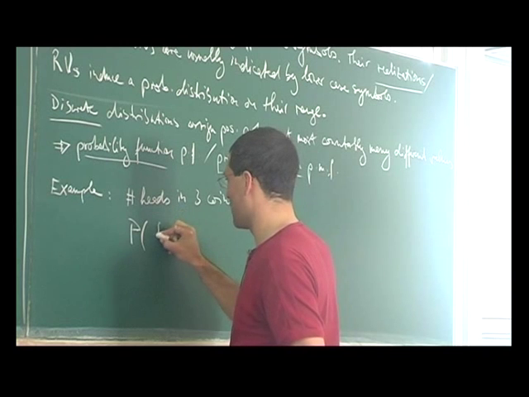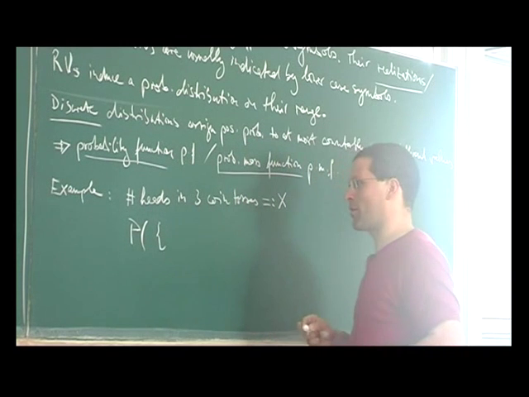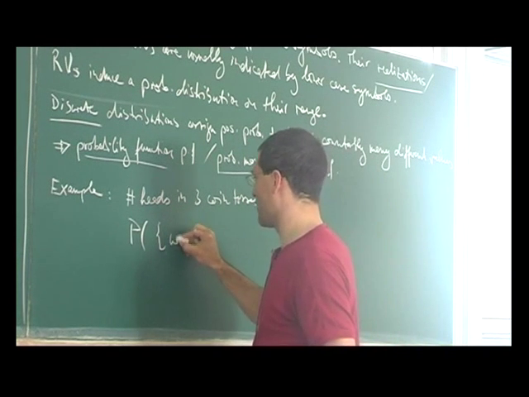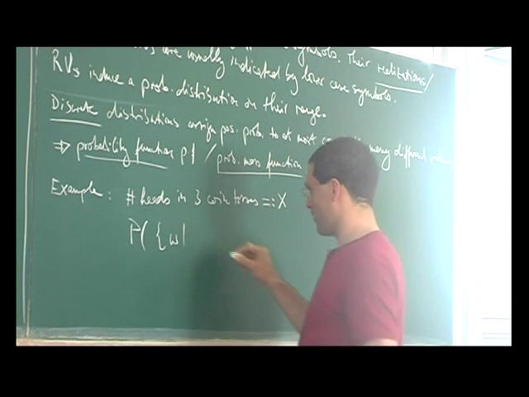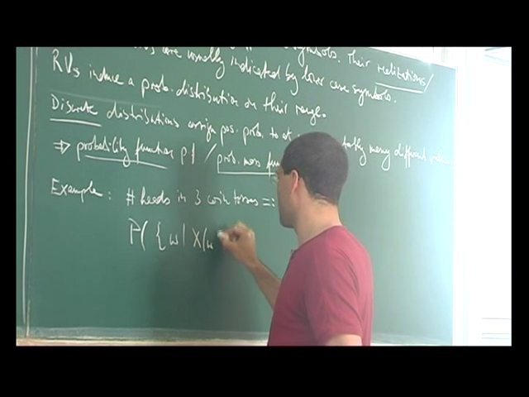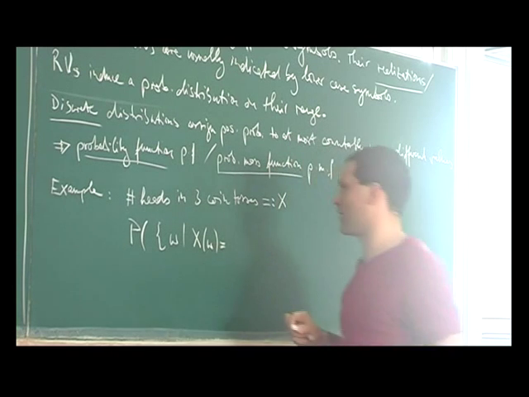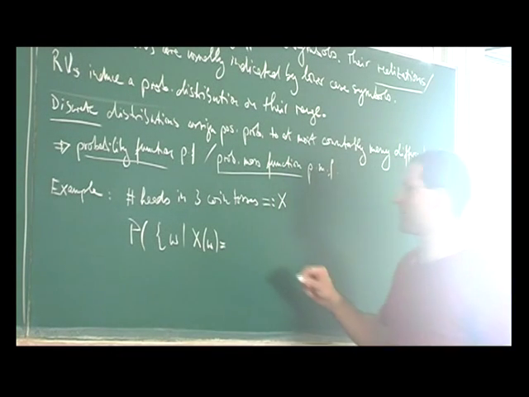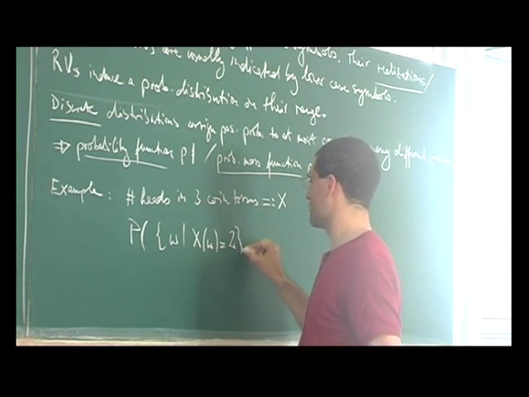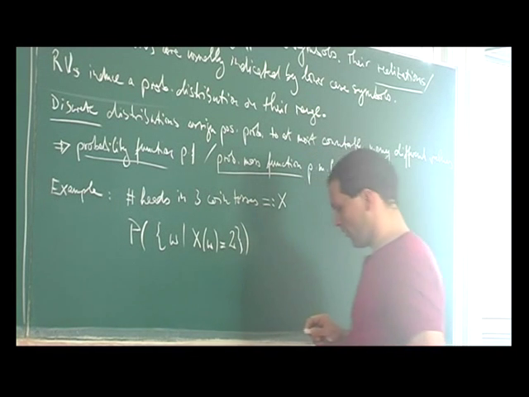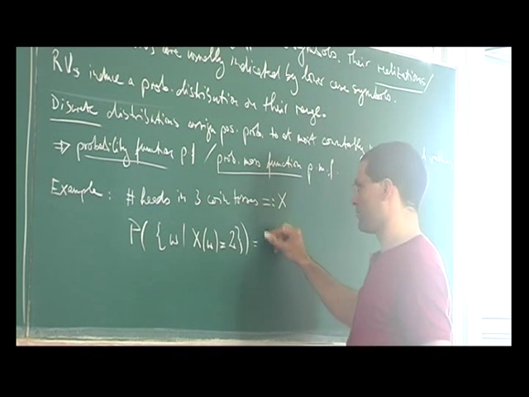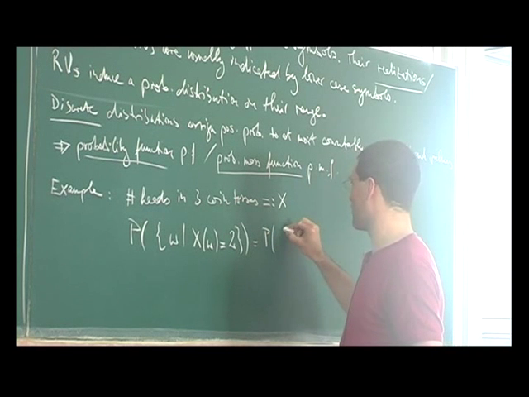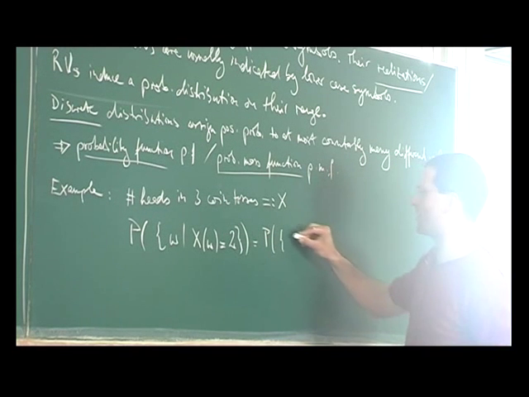So formally, I would write: what is the probability of the set of events for which it is true that the number of heads is 2, or to do this more explicitly, this is the following set.